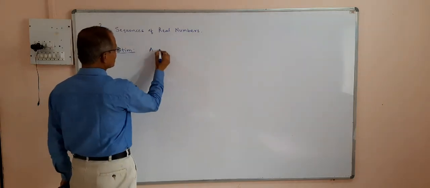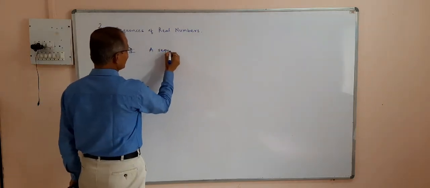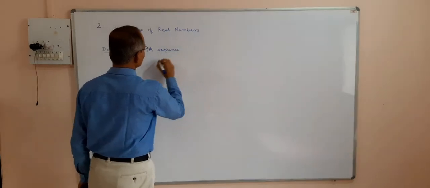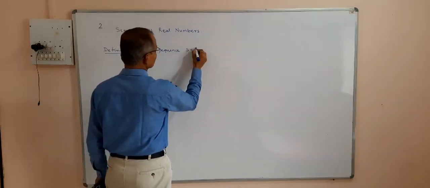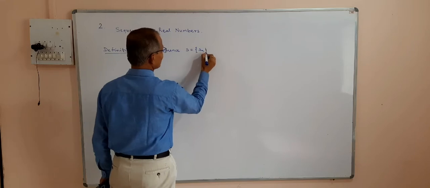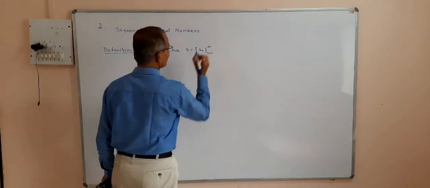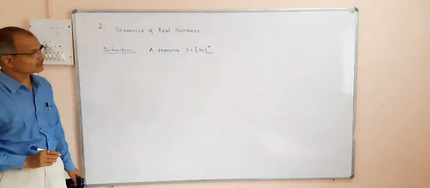A sequence can be denoted by S, Sn, where n takes values from 1 to infinity. This is the notation for a sequence.